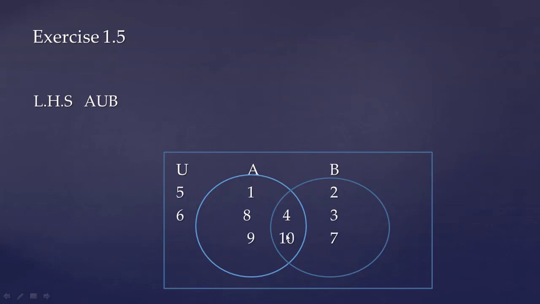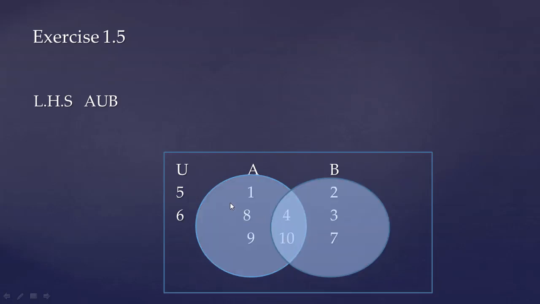It is an overlapping case, and here we have to show that for A union B, for the union of two sets, we can take the values of set A or set B or common values of both sets.